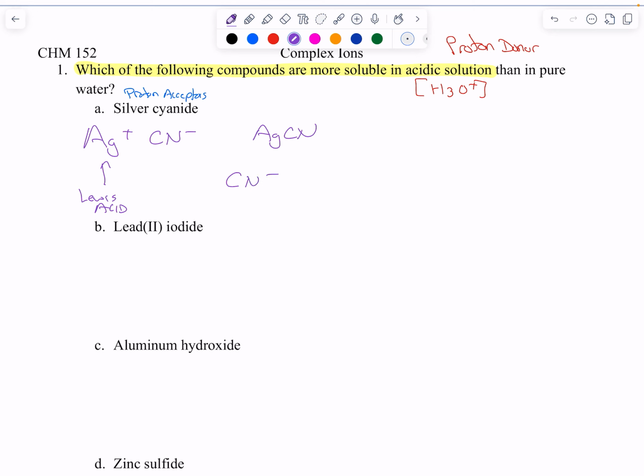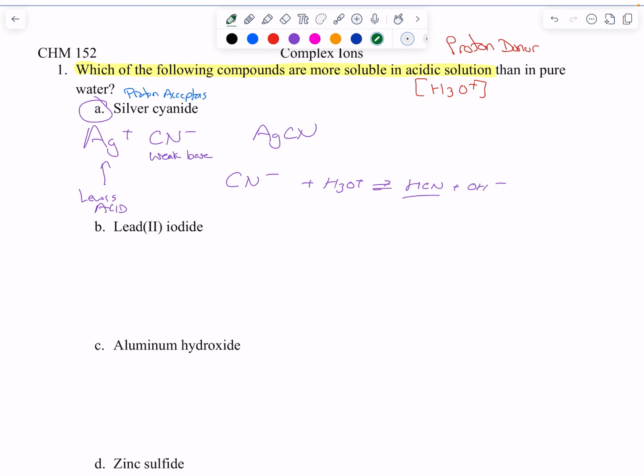No, not a proton donor. What about a proton acceptor? Can we get, plus H3O plus, HCN and OH minus? I think we can, because this is a weak base. Because there's HCN. So I would say silver cyanide dissolves better in acidic solution than pure water, because cyanide's a base, it will react with the acid.